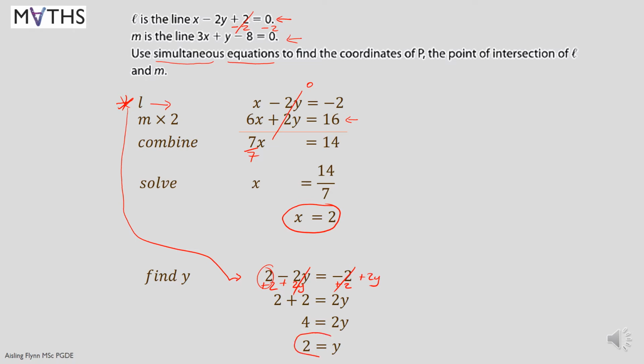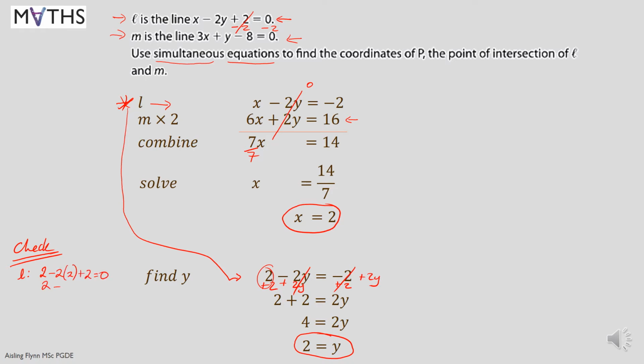Now to check if you're right, what you can do is put these values into both the lines L and M. So if we take L, it was x, which is 2, minus 2 times y, which is 2, plus 2 equals 0.